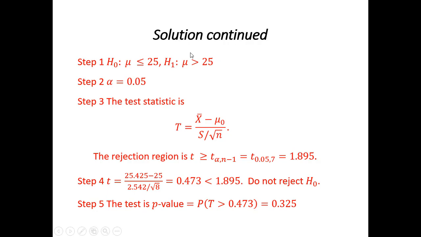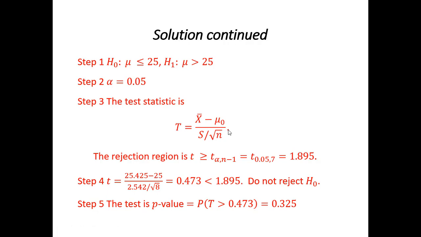Because then they would be sort of overweight based on the BMI definition. So we could say this is the claim. The null is mu is less than or equal to 25. We're given alpha 0.05. So since our sample size is small and the population standard deviation is not known, we run a t-test. So here's our test statistic.